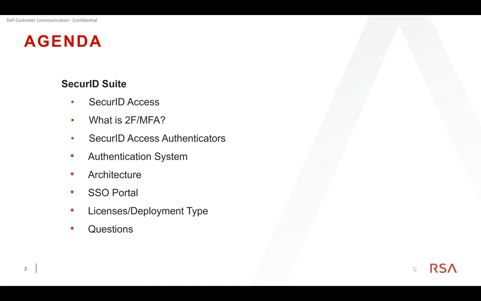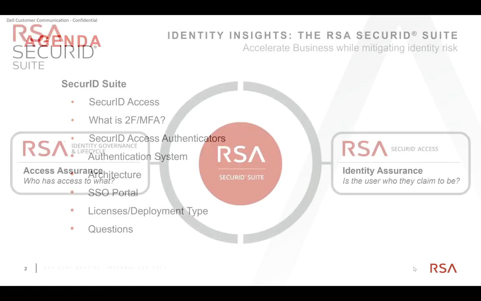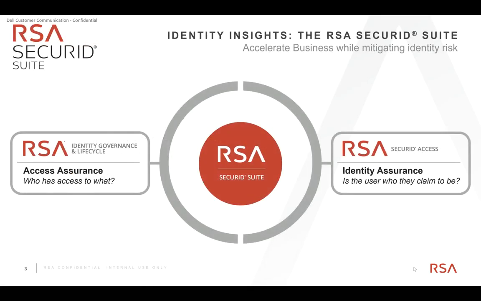So let's start with the first part: what is SECURID suite? What are the solutions we have in SECURID suite? We have two main components, SECURID Access and Identity Governance and Lifecycle. SECURID Access is mainly for identity assurance.